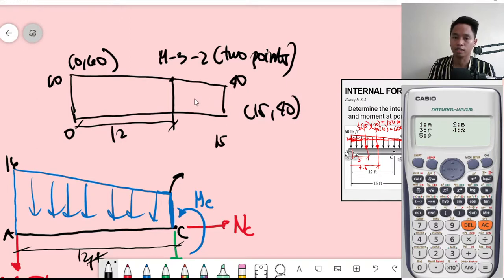Ang x hat is, ang iyang purpose if kabalo ka sa value ni y. At any specific point, ang iya jud coordinate is x hat, y hat. Okay? Muna siya ang iyahang concept.